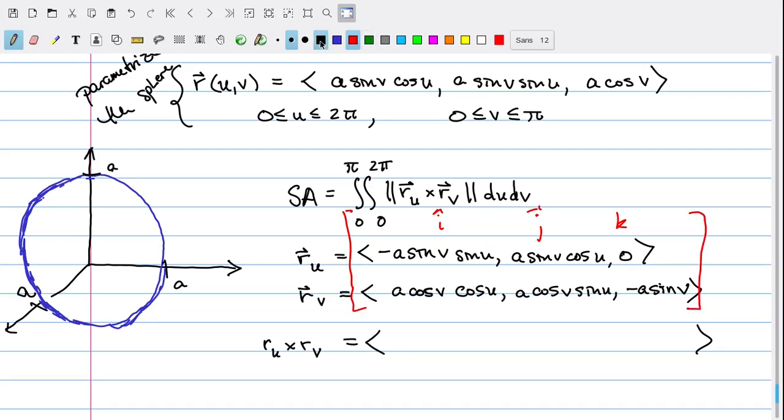So the first entry is going to be i hat times the determinant of that latter 2 by 2. So it's minus a squared sine squared v cosine u. The middle entry is going to be j hat, so it's going to be minus a squared sine squared v sine u.